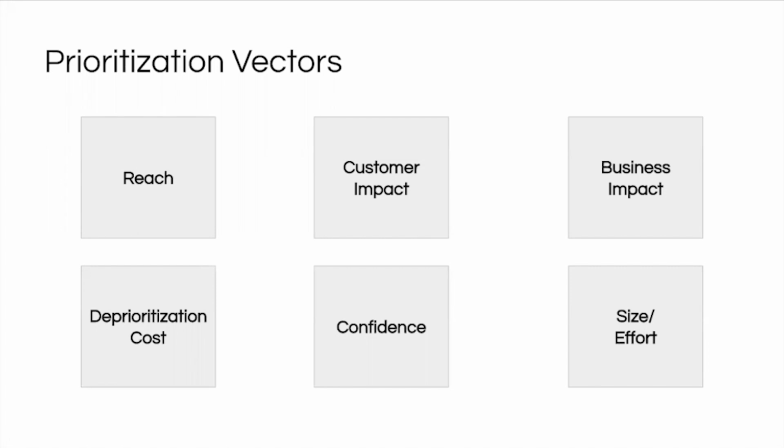Moving to deprioritization costs. This is something I really use as a product manager. It really helps me estimate the cost of not solving something, right? That's essentially what a deprioritization or opportunity cost really is. And strategy, as mentioned before, also depends on what you choose not to do.